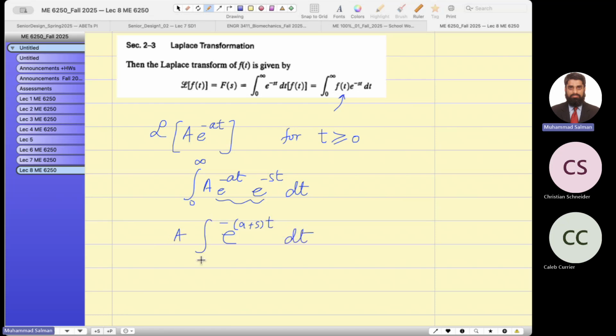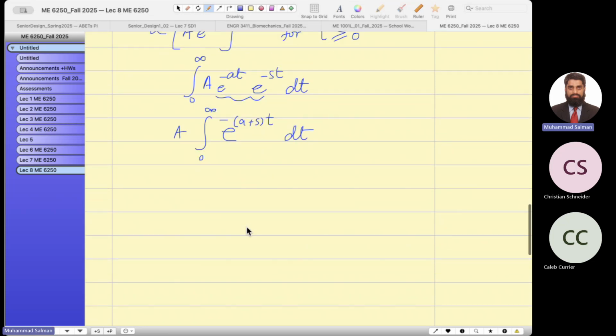A is outside the integral sign from 0 to infinity. So what's the integral of this? So you remember e to the negative at.